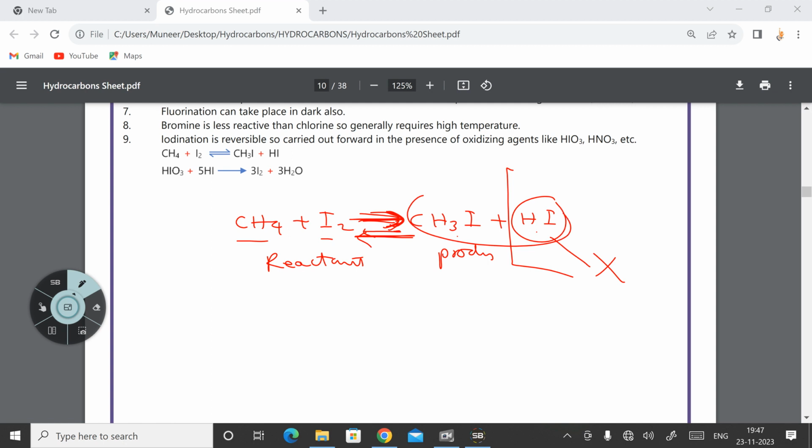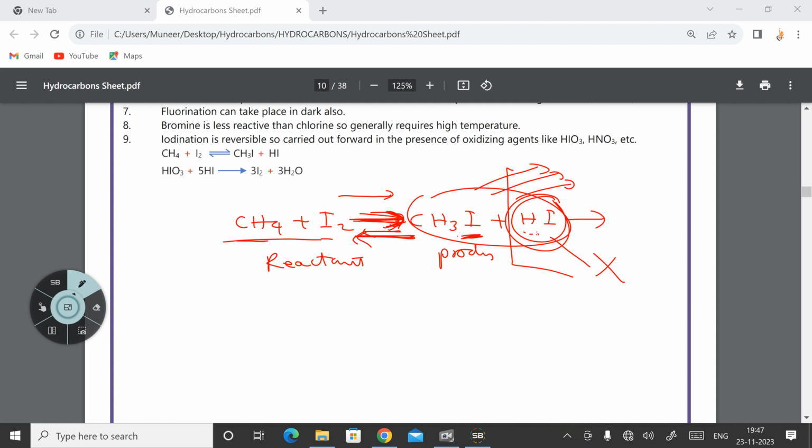If reactants are removed from time to time, the forward reaction takes place. Here, if one of the products is removed, the forward reaction also takes place. Why? Because that product is not present; if it is present, it reacts with this compound and forms the two reactants.